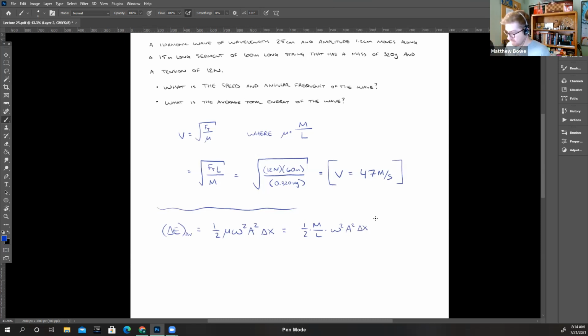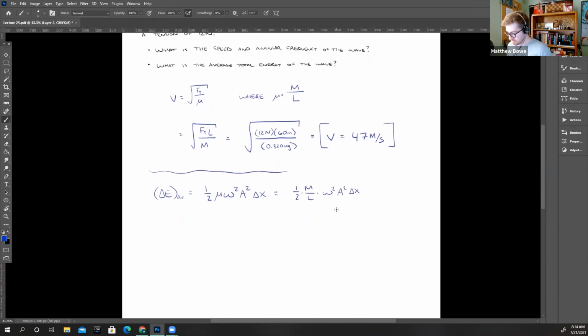Nothing too demanding for this problem, since most of this stuff is already given. Now the mass density is the entire mass over the entire length, 60 meters.